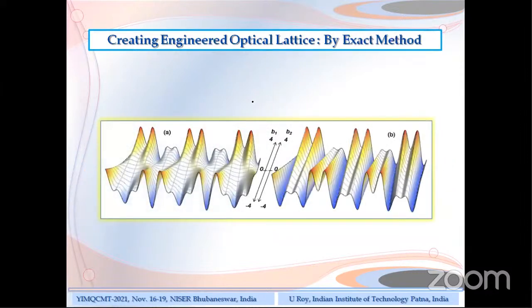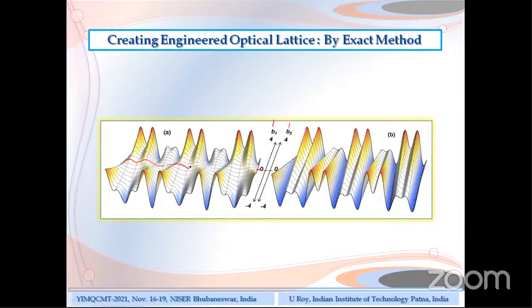So let us go to the potential, and you see that these two parameters, beta 1 and beta 2, which we have named B1, B2, can go from -4 to 4. But at 0 of one of the parameters, you get exactly a disordered lattice.